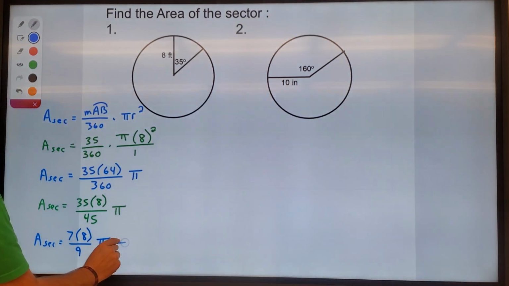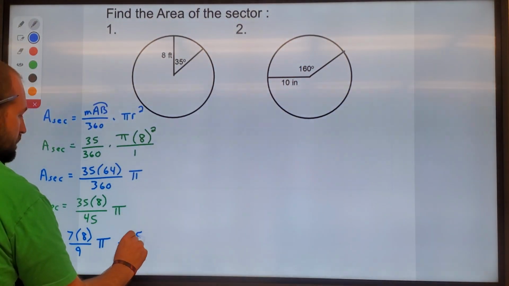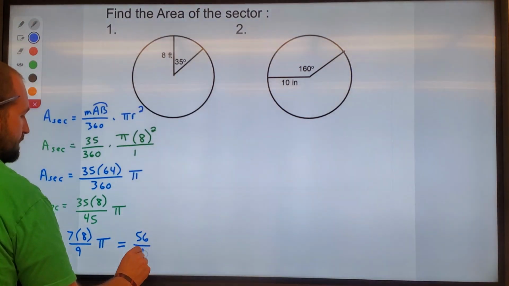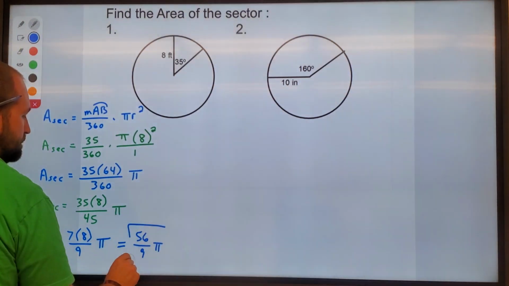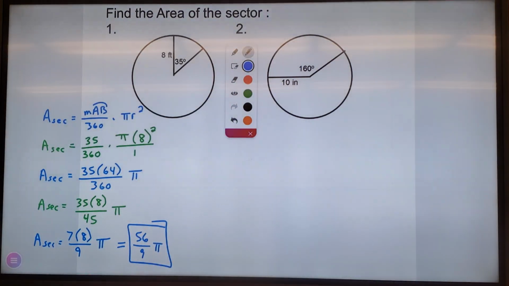And then pi, which then I don't have anything else I can reduce, so I take 8 times 7, which is 56, over the 9 times pi. Okay, and again, this is a simplified fraction, left as a fraction rather than a mixed number, but reduced as much as we can possibly get. Okay.